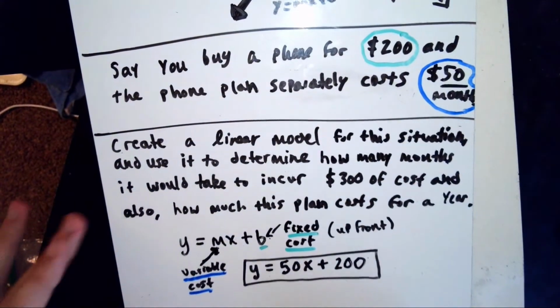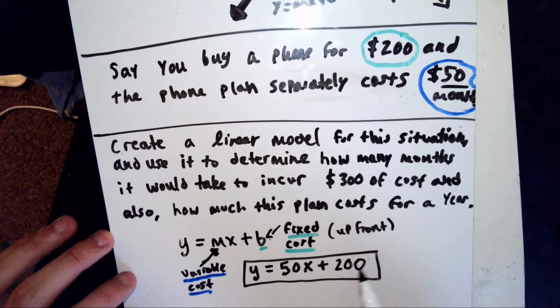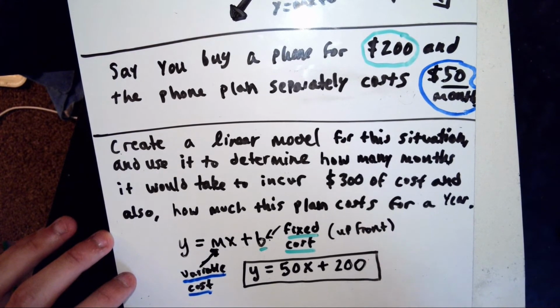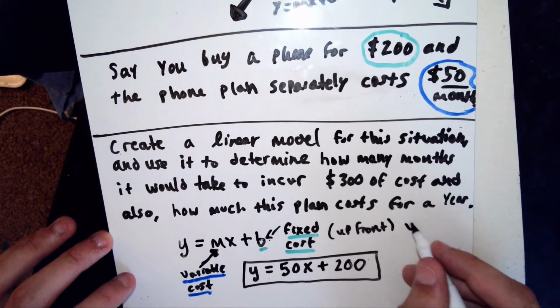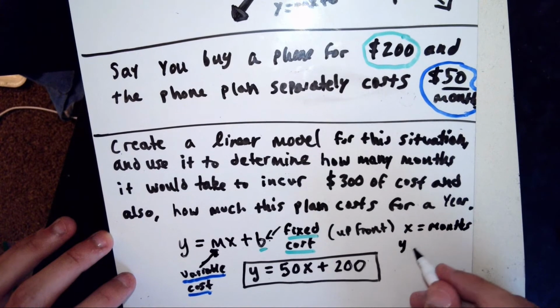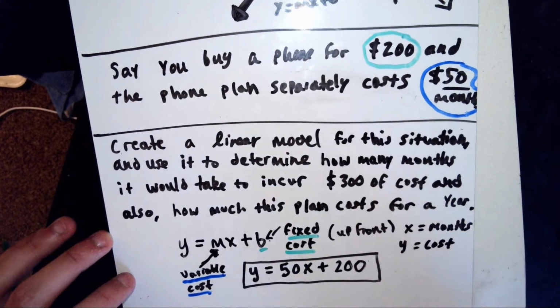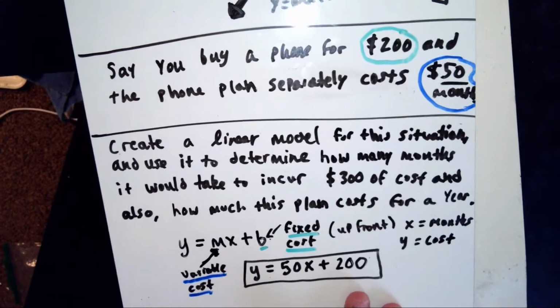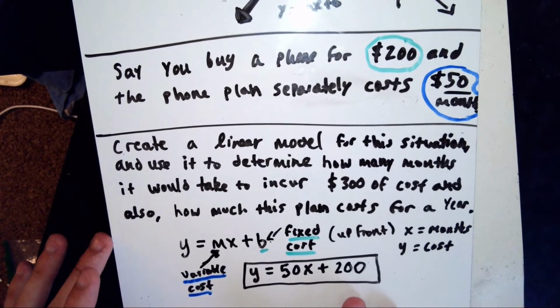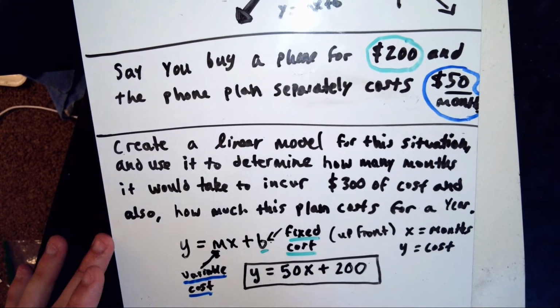And now what we want to do is answer the two questions pertaining to this model. The first question was asking us how many months. So remember, x is months and y is the cost in dollars. What we want to do now is determine how many months it would take to incur $300 of cost.